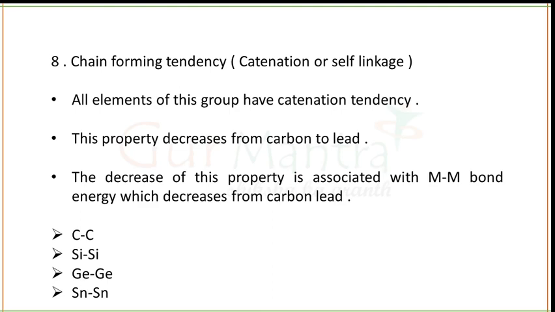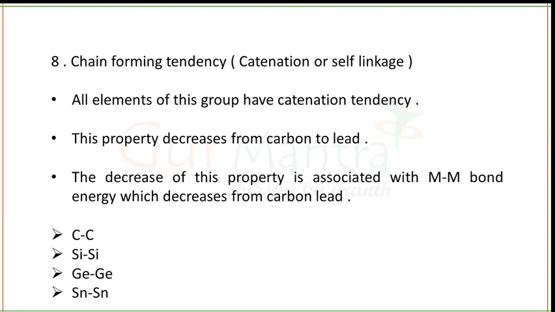Next is the chain forming tendency, or catenation, or self-linking property. Some elements link together to form a long chain, and this property of self-linking is known as catenation. This catenation property is highest in carbon. All the elements of this group have a catenation tendency.